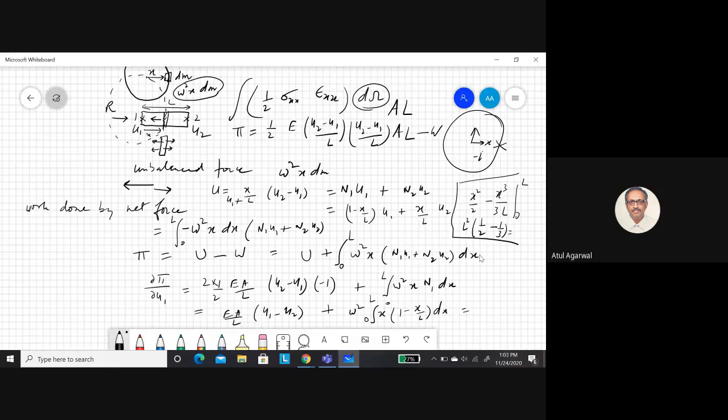So what is this? L square by 3? It will be L square by 6. Okay, L square by 6. So you get L square by 6 as the answer. So what is here? Omega square.